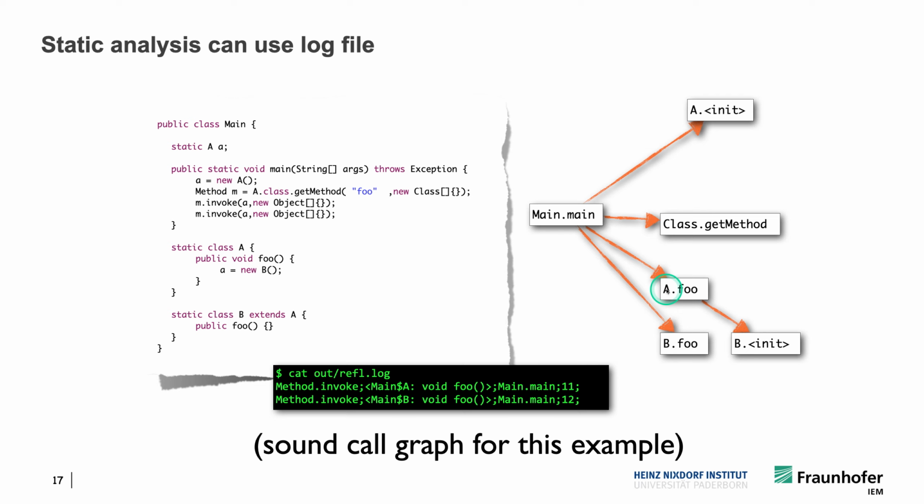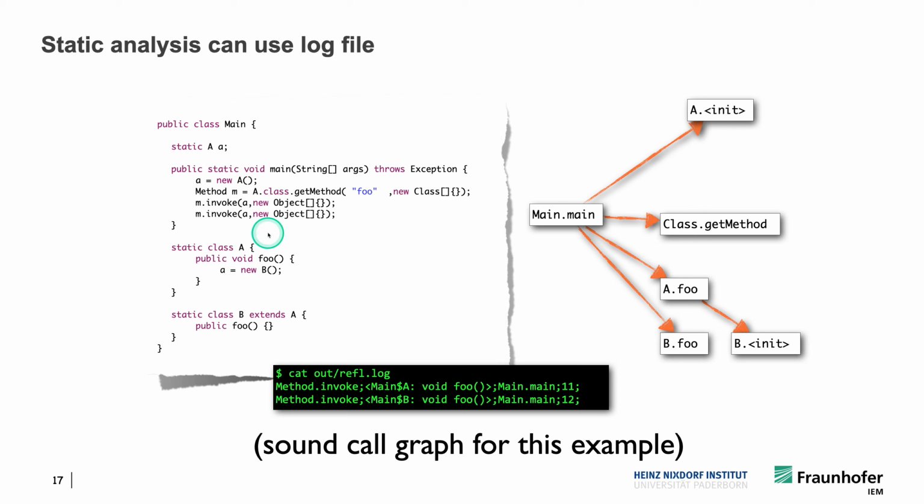And then we are also calling, in particular, these foo methods on these particular objects of these types. And we are also calling the constructor of B here within a.foo, for instance, right? And so this would actually then give us a completely correct and sound call graph for this example.